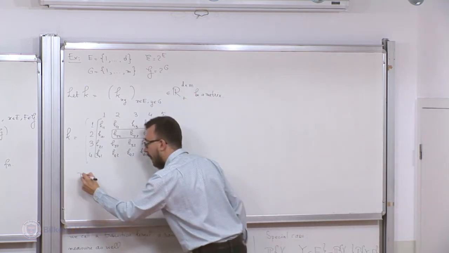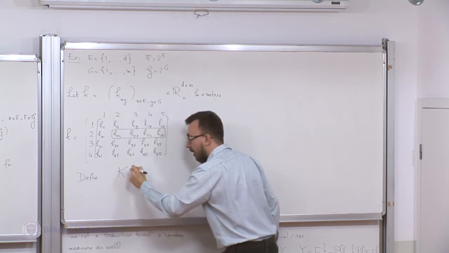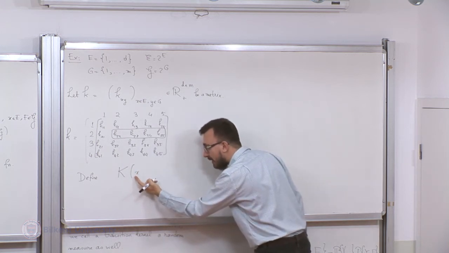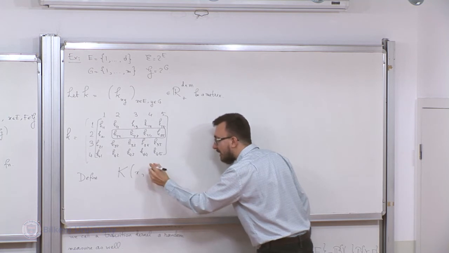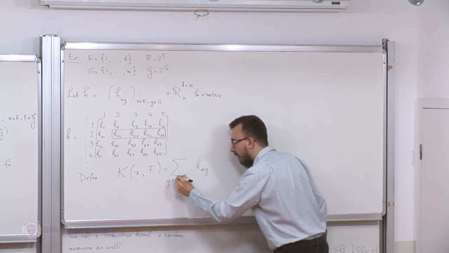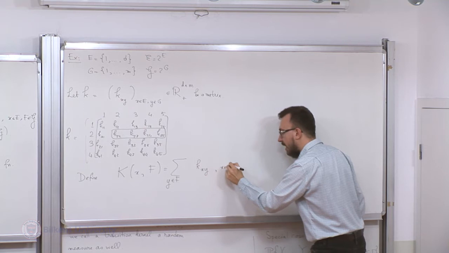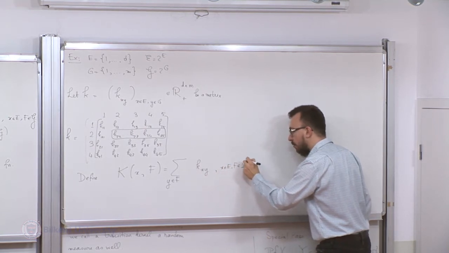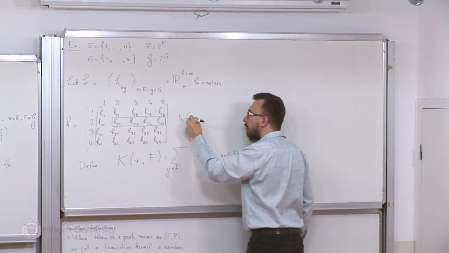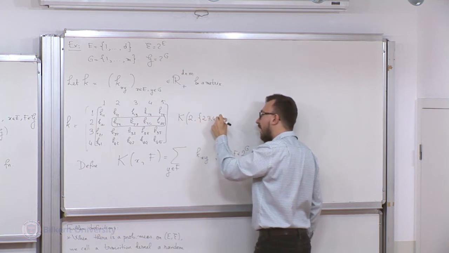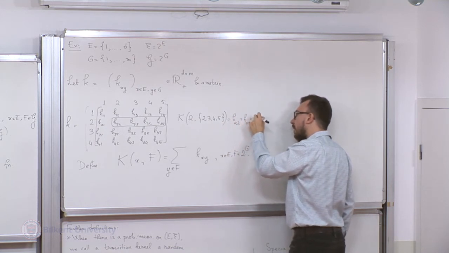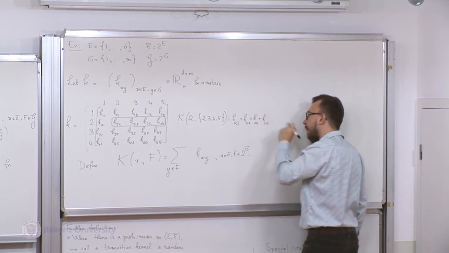So define the probability, or the measure, whatever, of starting at x and landing in a set F as the sum of k_xy where y is in F, for x in E and F in the power set of G. So for instance, k from 2 to the set {2, 3, 4, 5} is k22 plus k23 plus k24 plus k25.